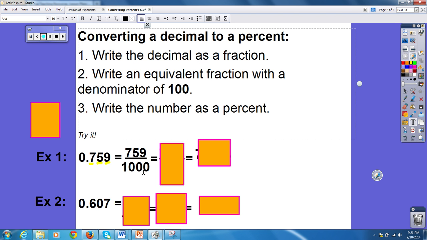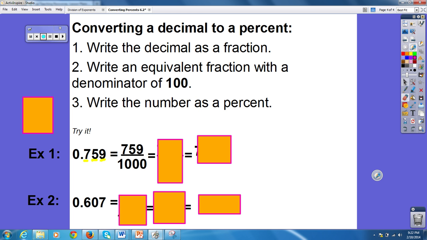Now, this step isn't too tricky, but we do need to think about it a little bit. How would I get from 1,000 down to 100? If you said that we need to divide the top and the bottom by 10, you are correct.